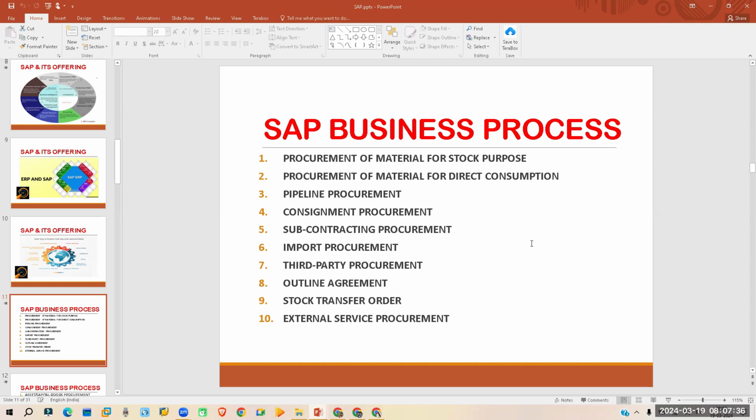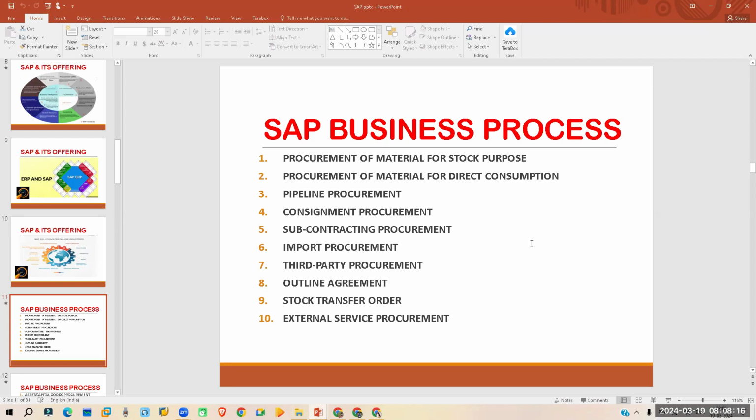Next one is direct consumption. What is direct consumption? Let's say small materials that I will not store, like office supplies, pen and paper, or safety items like face masks, safety gloves, or earbuds, which are used in industry. These kinds of things are normally not stored.